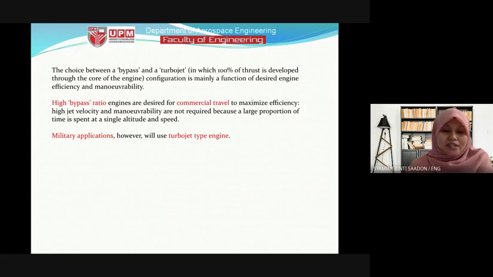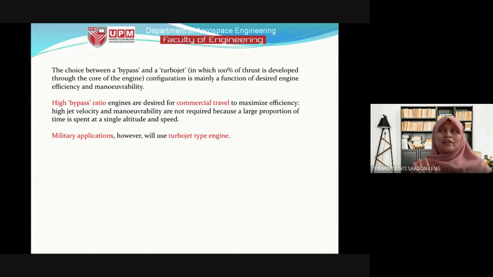Whereas for military applications, usually we will use turbojet, because our main objective is to increase the velocity. For military applications, the main focus is not the efficiency, but rather to increase the velocity for high speed. So that's why for military applications we use the turbojet engine.